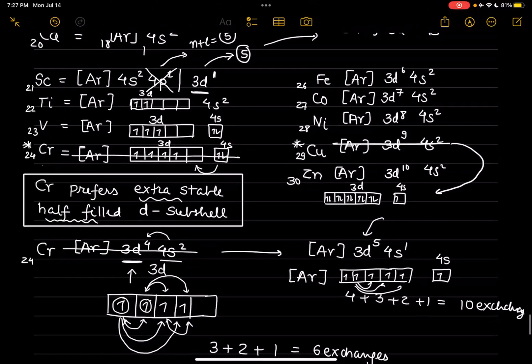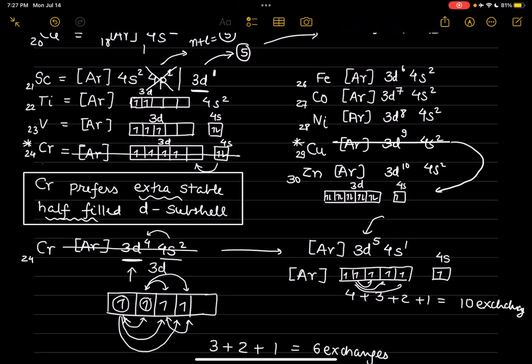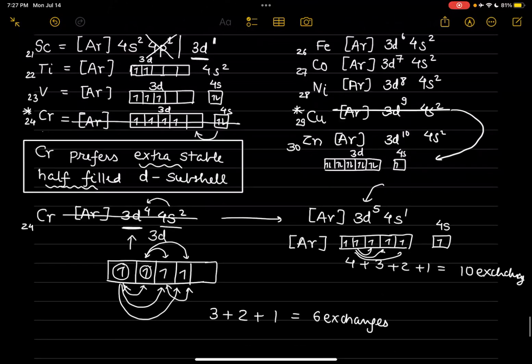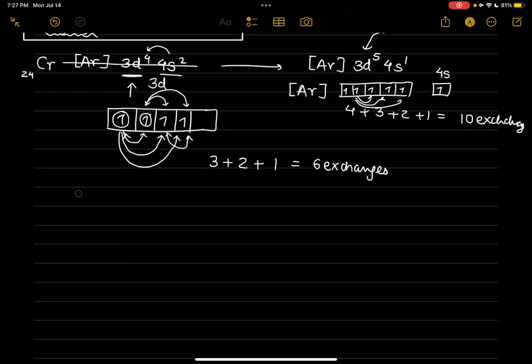If you are asked to calculate the electronic configuration of the ions, you are going to remove the electron. So if you have positive charge, you are going to remove the electron, but always remove the electron from the outermost shell. Is it clear or not? Yes, sir. What is the electronic configuration of titanium? Titanium was 22.